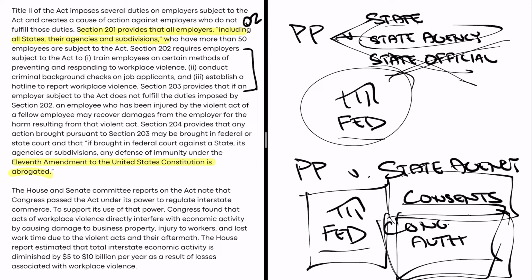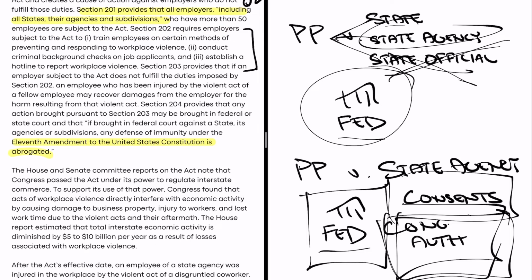Here we do have Congress attempting to clearly and expressly abrogate state sovereign immunity. Section 204 provides that any action brought pursuant to Section 203 may be brought in federal or state court, and that if brought in federal court against a state, its agencies or subdivisions, any defense of immunity under the 11th Amendment to the United States Constitution is abrogated.